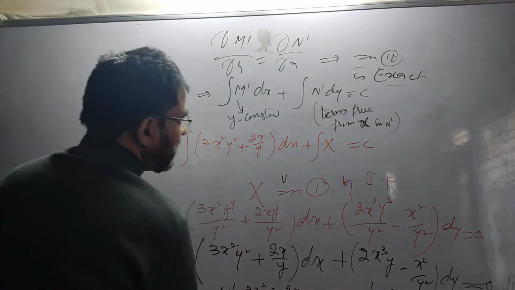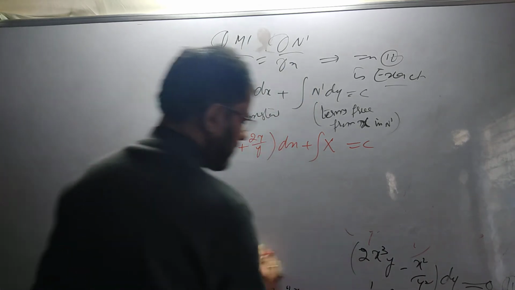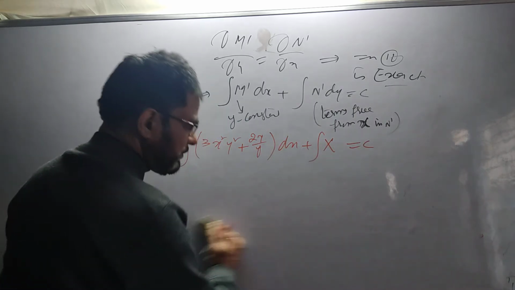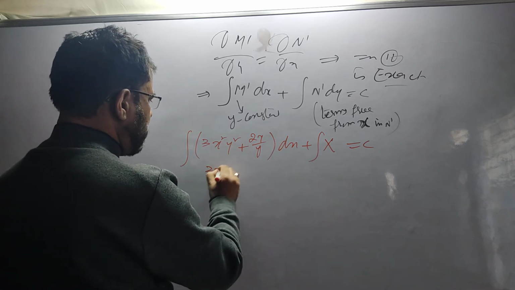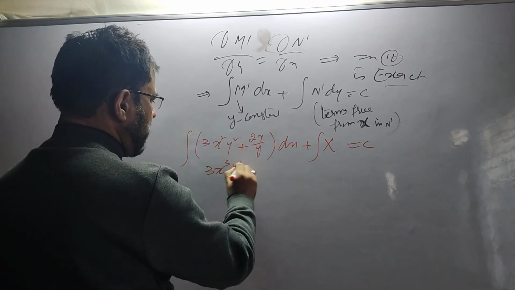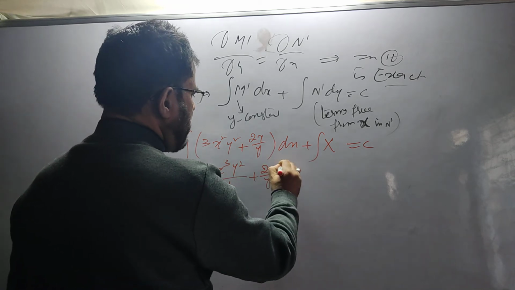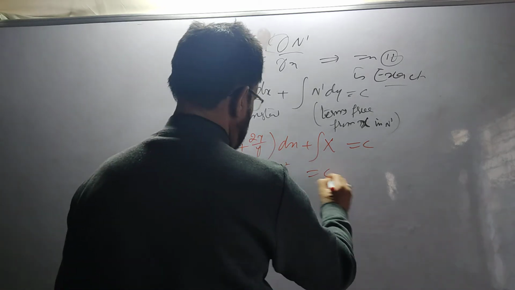So your solution will be the integral with respect to x: 3x cube y square by 3 plus 2 by y times x square by 2 is equal to c.